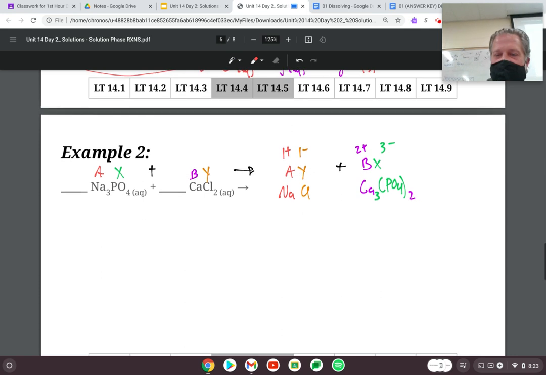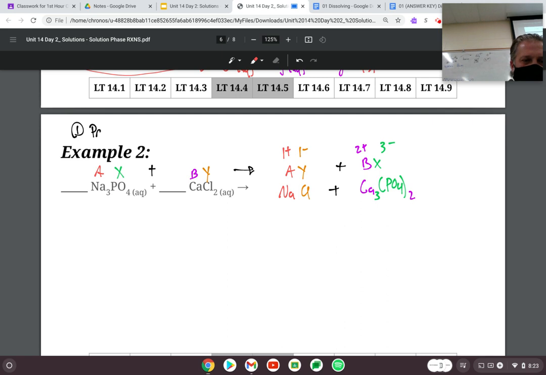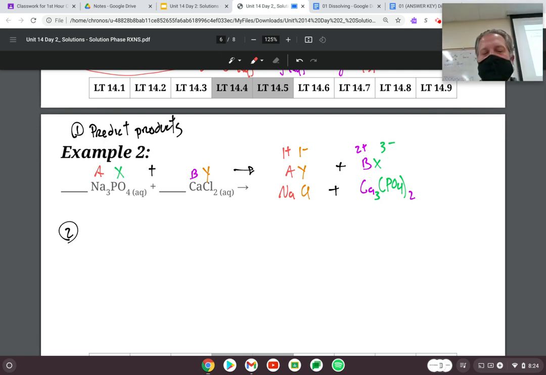Oh man, that's a solid review of predicting products. So that's step 1, predict products.